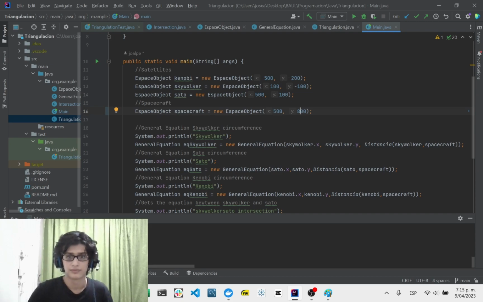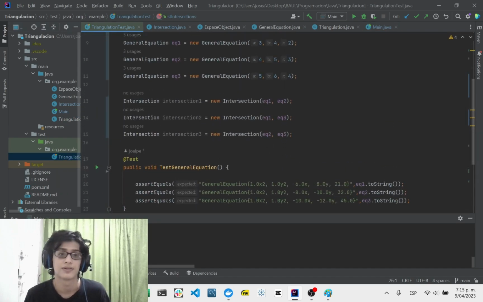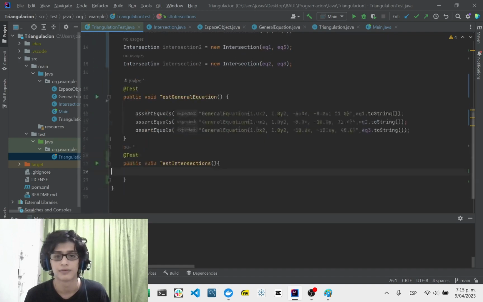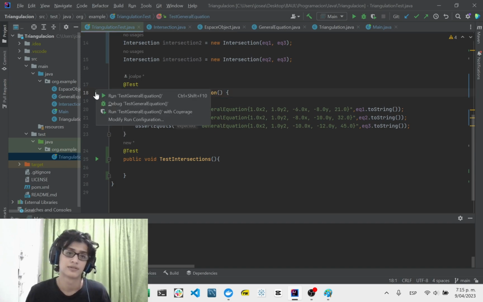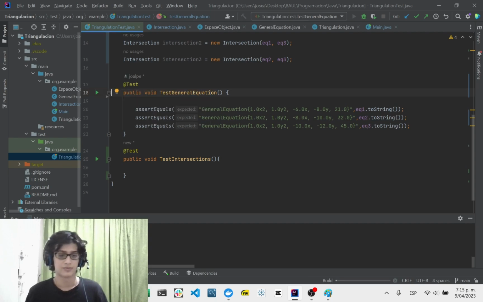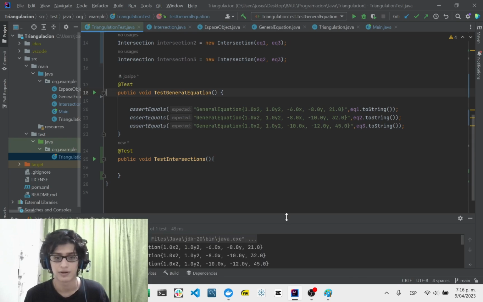And that's all. I also created a mini test, but I'm going to continue doing that because it isn't finished yet. But for example, I test here that the creation of the general equation of the circumference is okay.